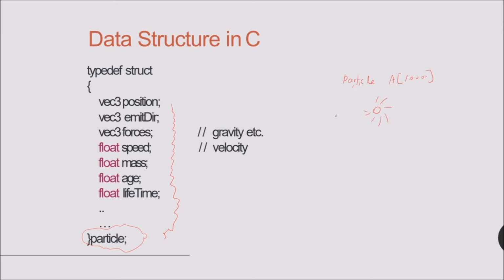So a0 has that, and also a1 has all these properties: position, direction, emitter direction, forces, speed, mass, age, and lifetime. So if you have 10,000, of course you have 10,000 of them, and each has all the properties, right? So that's the good part.